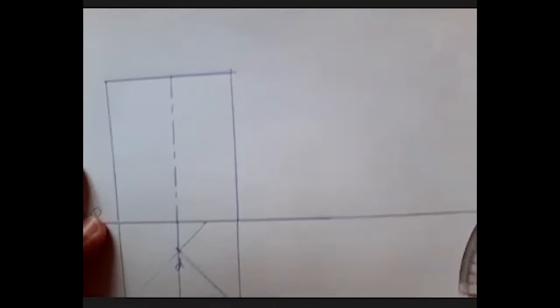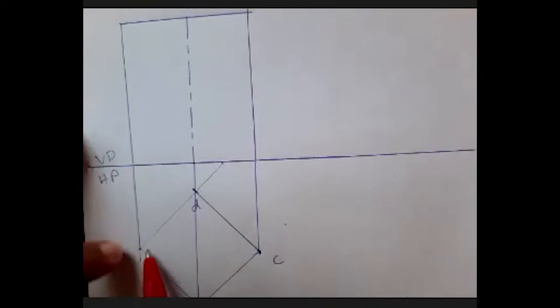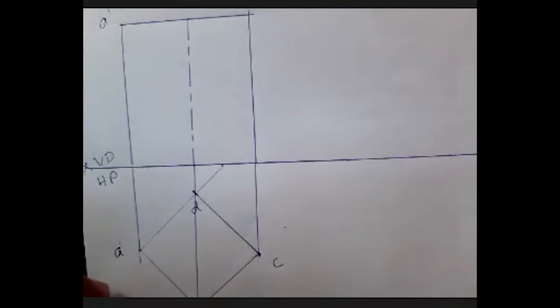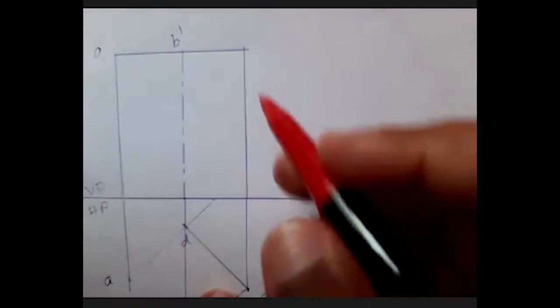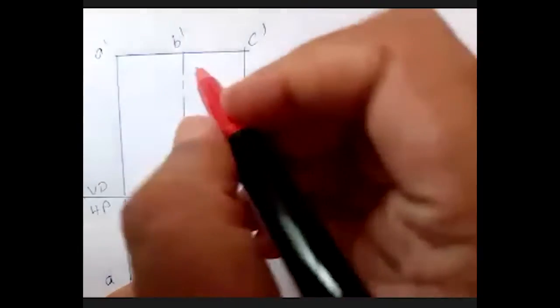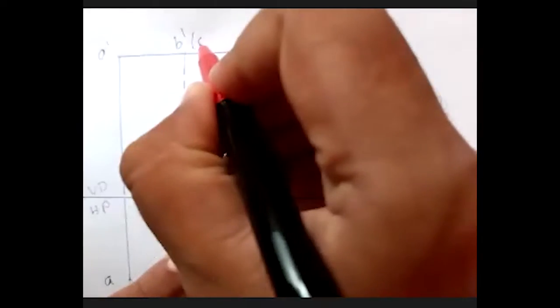So this point from this corner is A, so it is A dash here. Then this corner is B, so this is B dash. This corner is C, so it is C dash. D I have in the same place, so it will be in the bracket D dash.